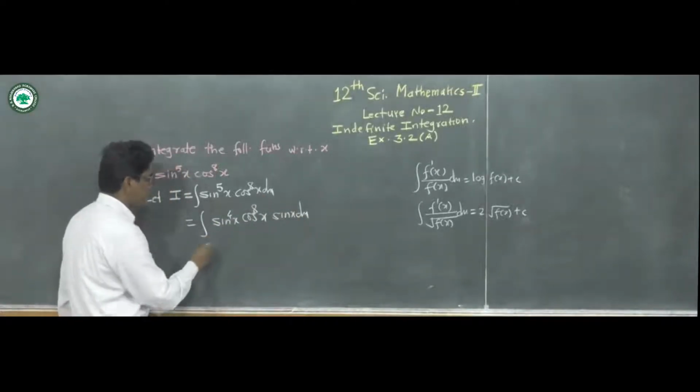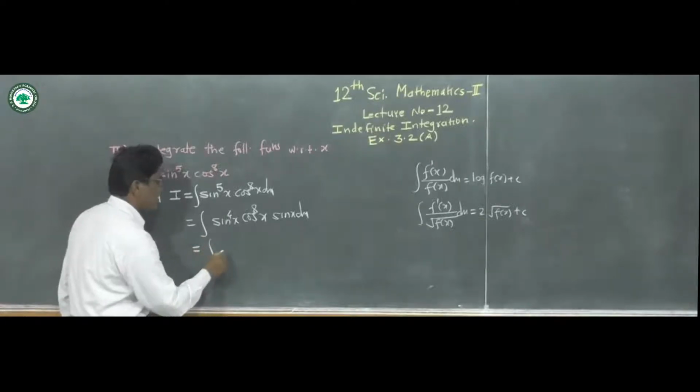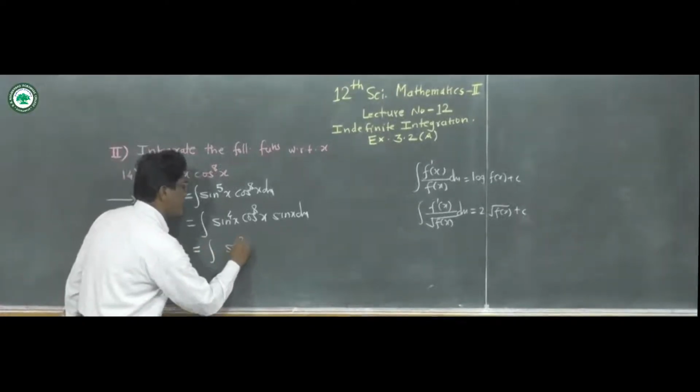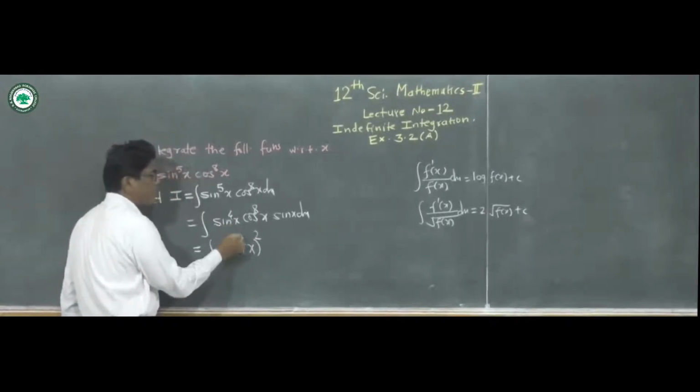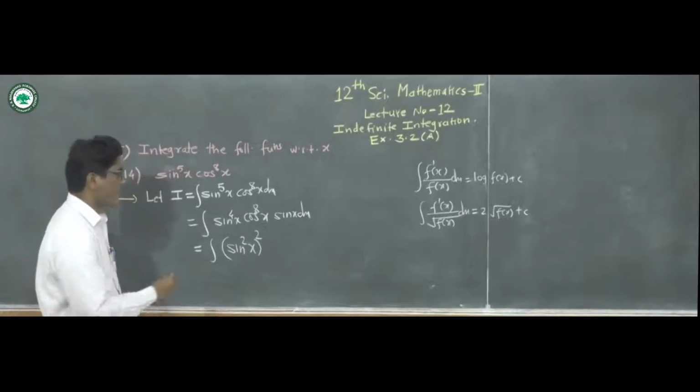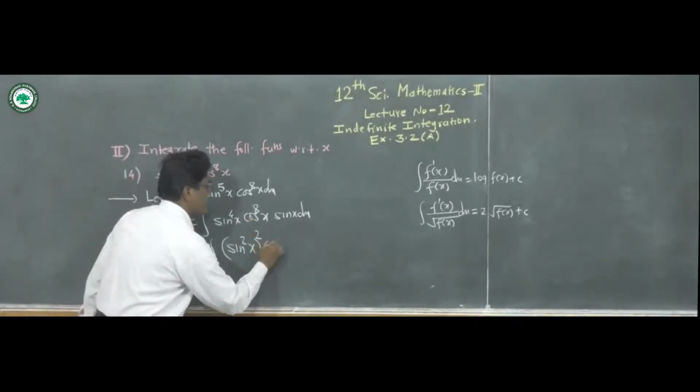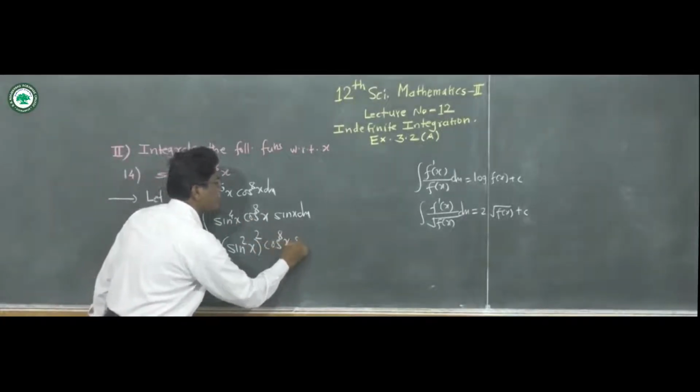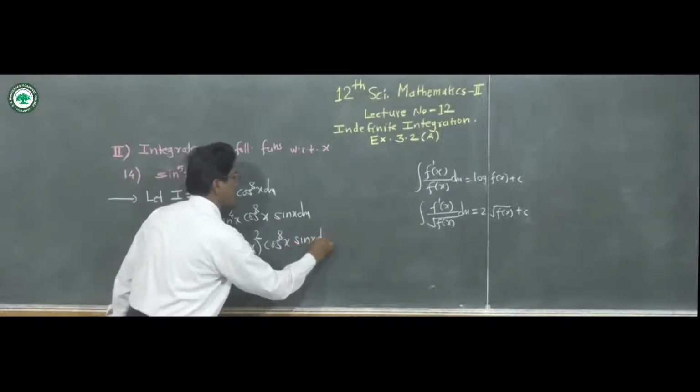Now we write this as integration of sin square x to the square, writing the power 4 as 2 to the power 2 using the rule of indices, and cos raised to 8x into sin x dx as it is.